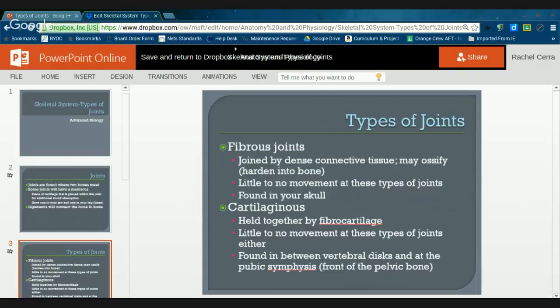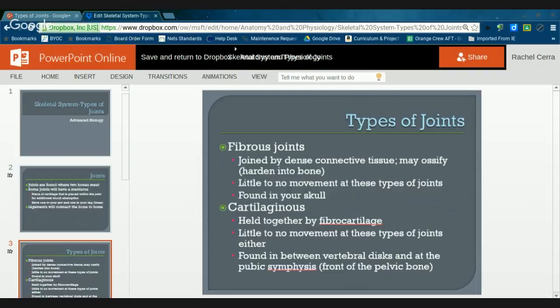The second type of joint is called a cartilaginous joint, and this particular joint is going to be held together by what's called fibrocartilage. So again, there's not going to be a lot of movement here, but they're there to allow things to expand and contract, and also to provide some additional cushion and support in between bones.